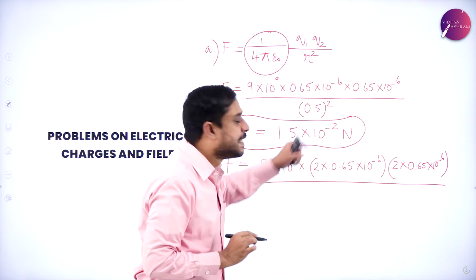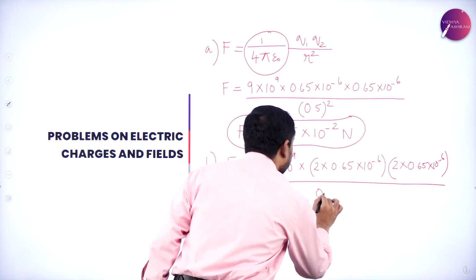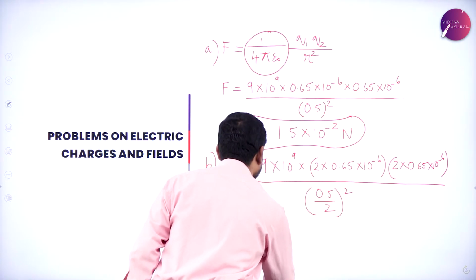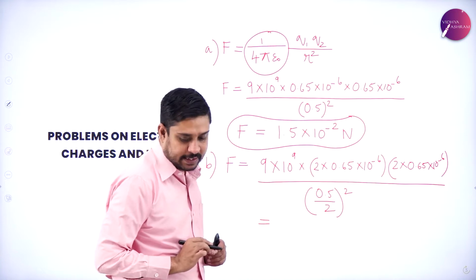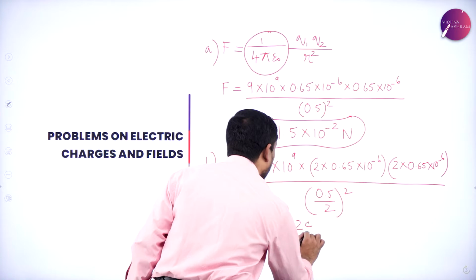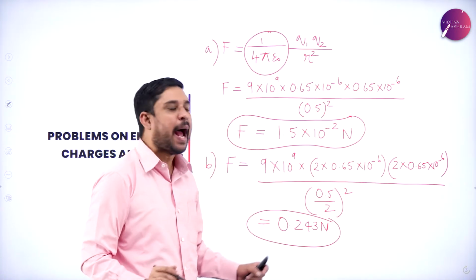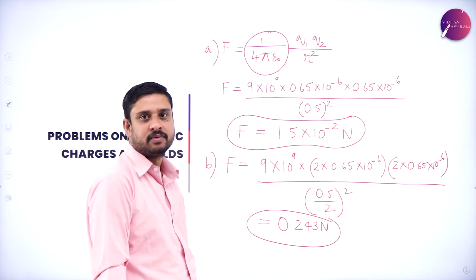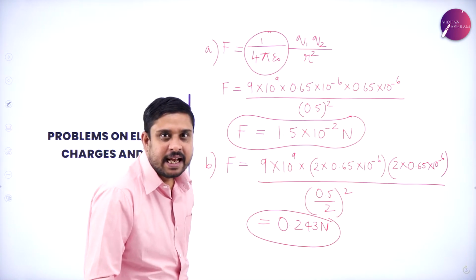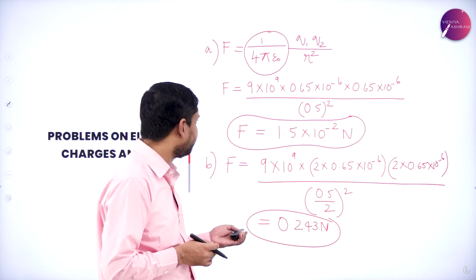And the distance between them is reduced to half. So 0.5 by 2 whole square. Again, when you simplify here, it is 0.243 Newton. So this is the magnitude of the force when each charge is doubled and the distance is reduced to half.